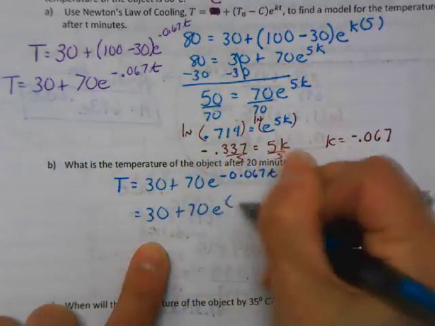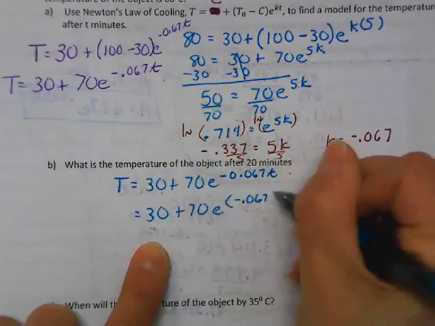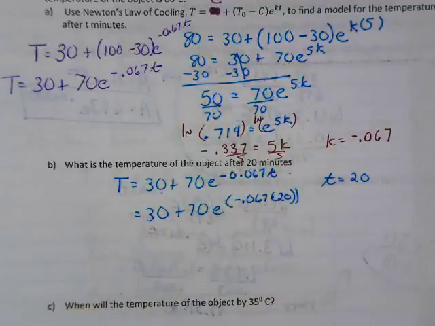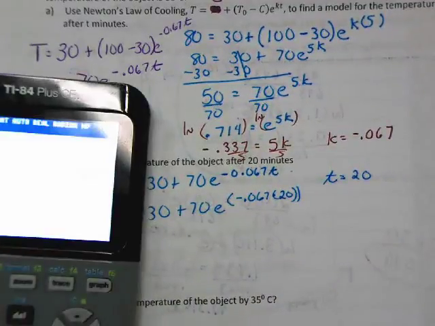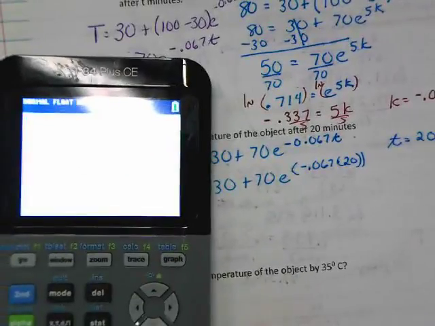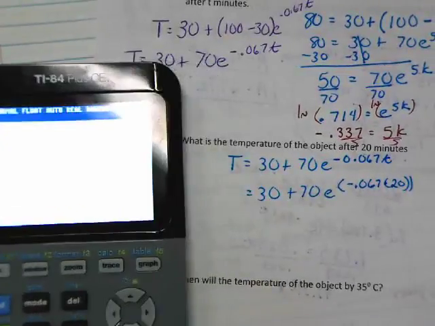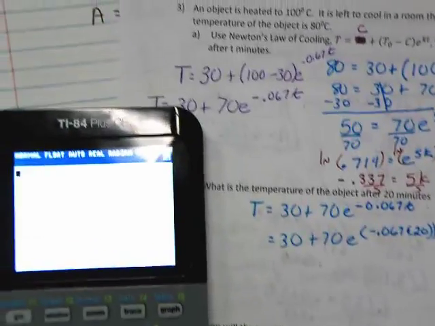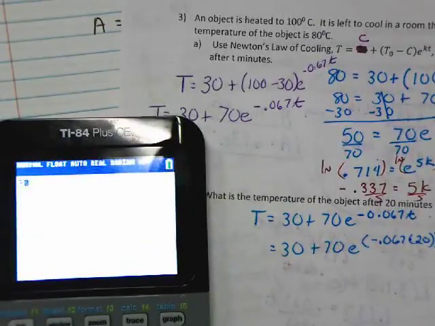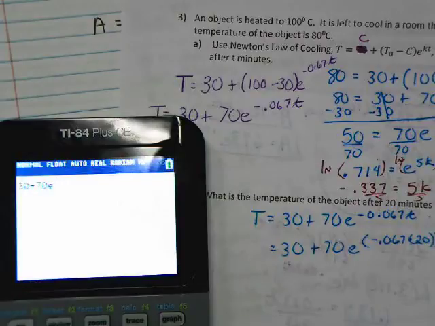Okay, so let's see if you guys can possibly see this. Alright, 30 plus 70, second natural base, parenthesis, negative 0.067 times 20, close my parentheses, enter. So after 20 minutes, my temperature will be 48.329 degrees.